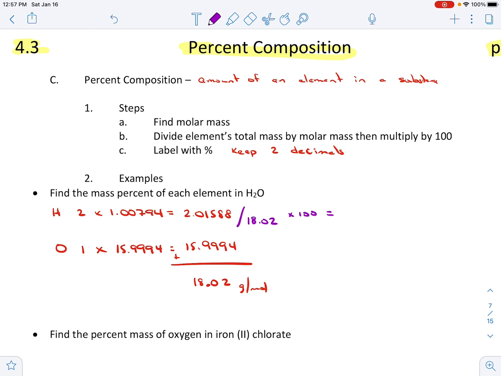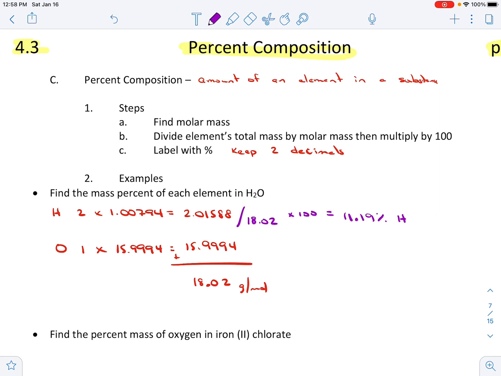And then times that by 100, and remember, we're keeping 2 decimals, so my calculator says 11.19. 11.19% is hydrogen. So 11% of the mass in a water molecule is hydrogen. Since there's only 2 atoms, we could very easily take 100 minus this 11.19 and find our oxygen, which is around 88. But we're going to go ahead and do the same thing again just to make sure.